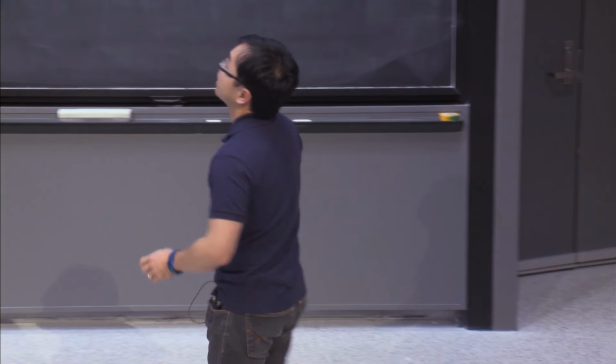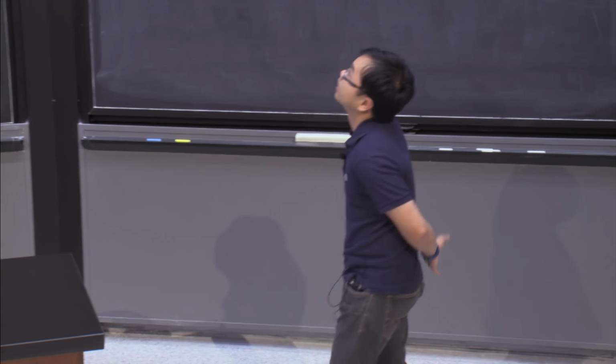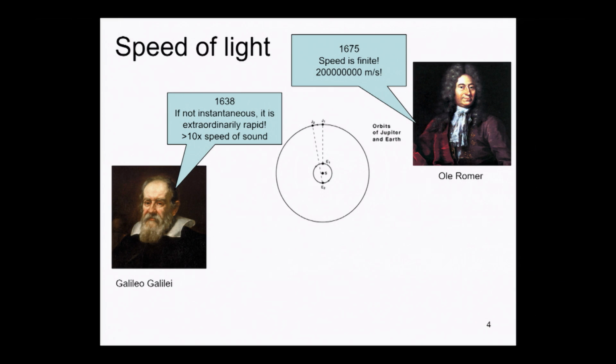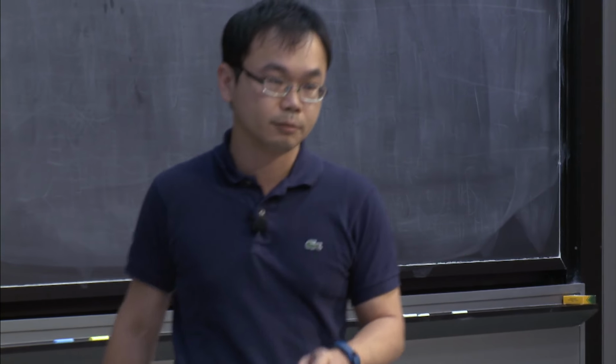That's the method he was using, and he made the first quantitative measurement of the speed of light, and the number he found is like 2 times 10 to the 9 meter per second. Okay.